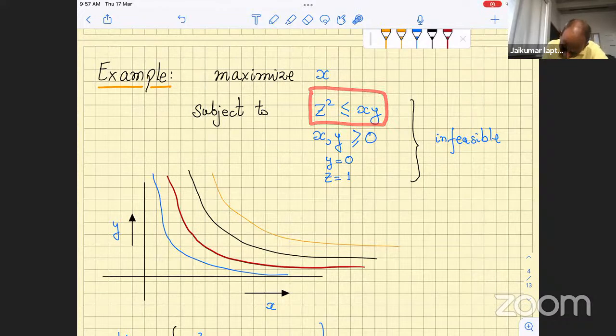I don't know how much time was spent on this equation last class. So when z equals 1, what can we say about x and y? Well, x and y lie on this hyperbola.